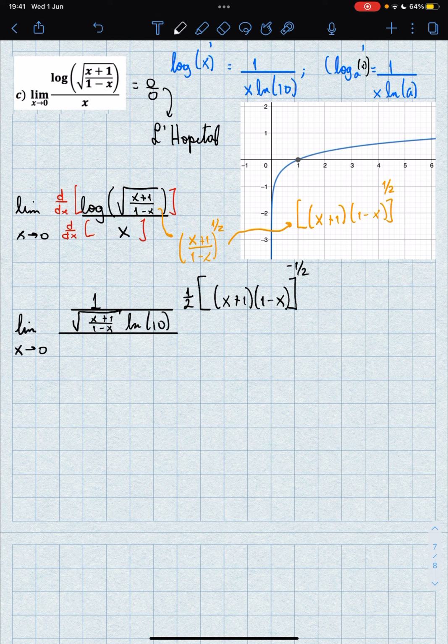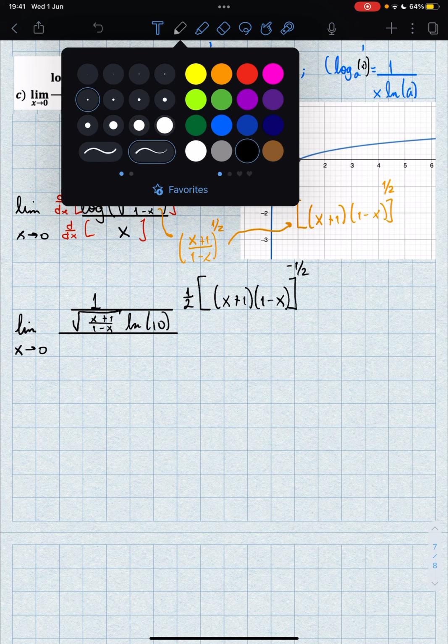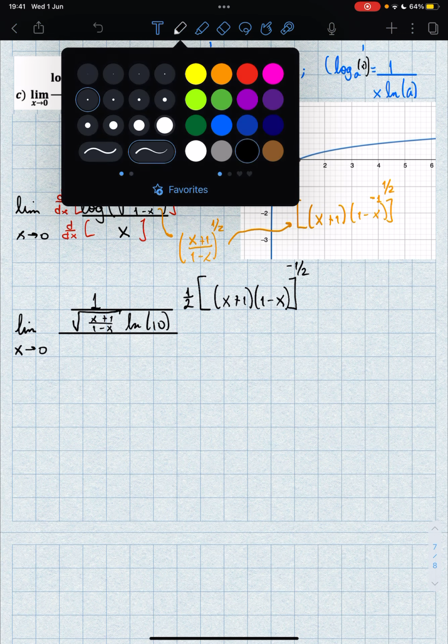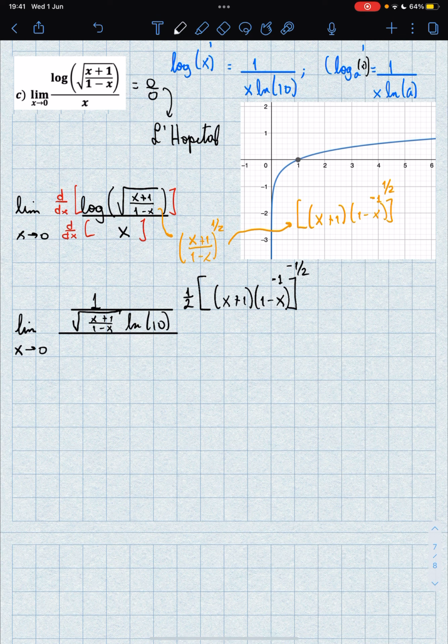Then I have to do this. But remember something: 1 minus x to the minus 1. Please, I know this can be quite awful, but anyways.